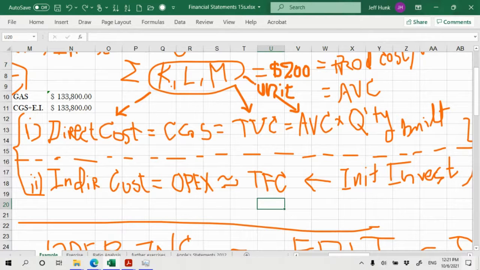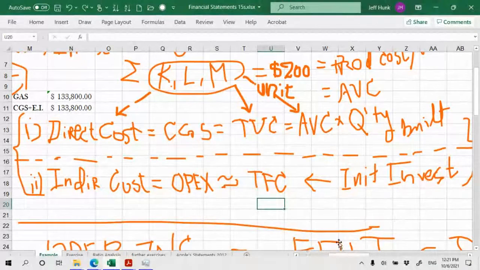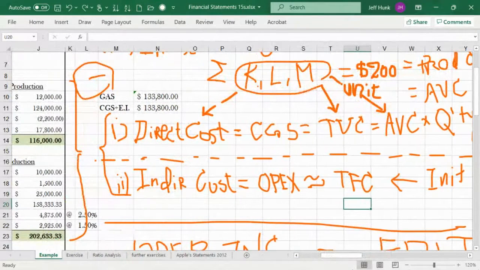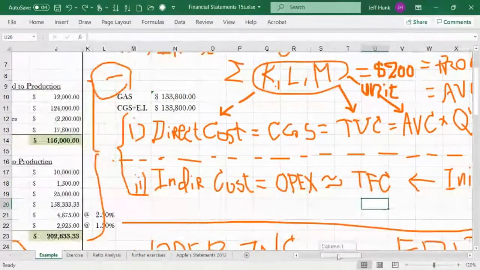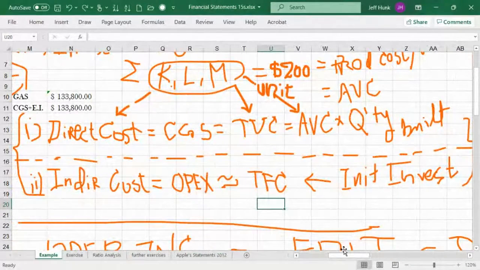It has nothing to do with the production level. It generally refers to operating expenses, OPEX, like rent, utility, and things like that, which are fixed, in other words, not changing with the production level.